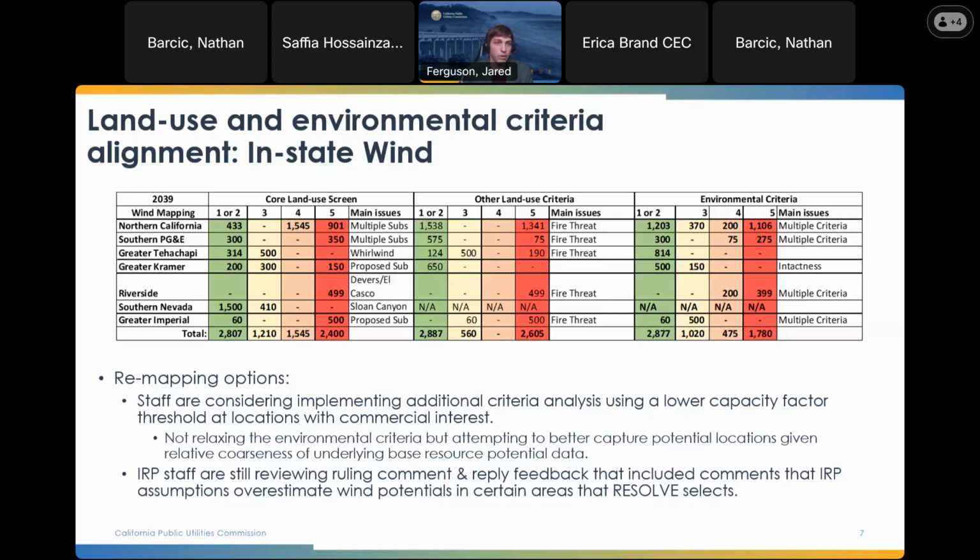So this is one factor that staff are considering to better assess where wind potential is located in the state.